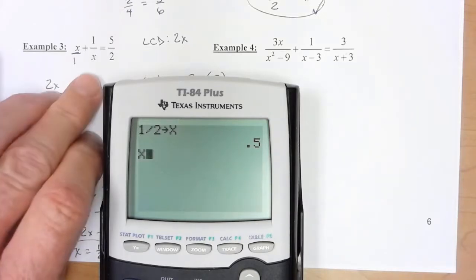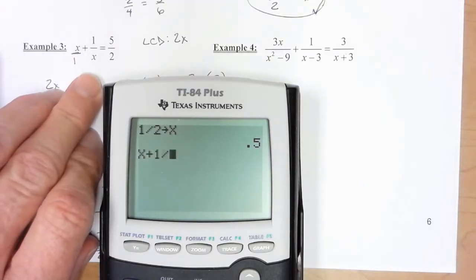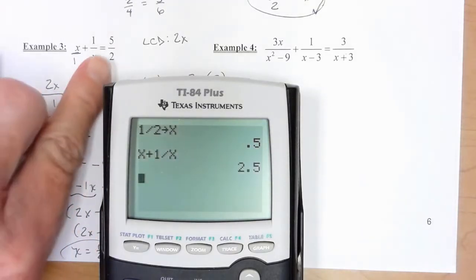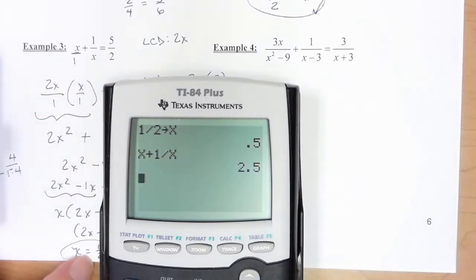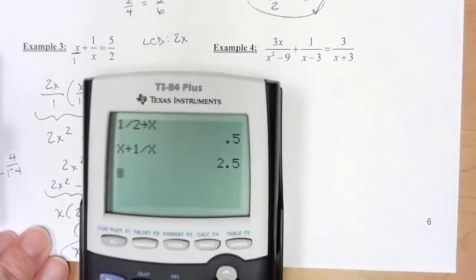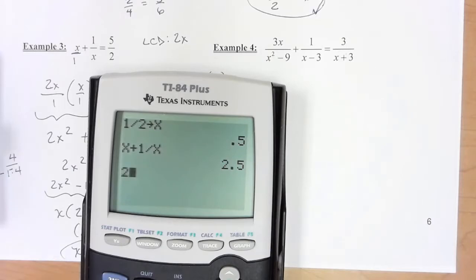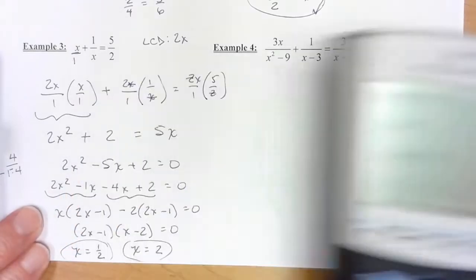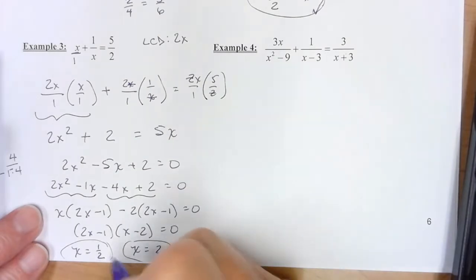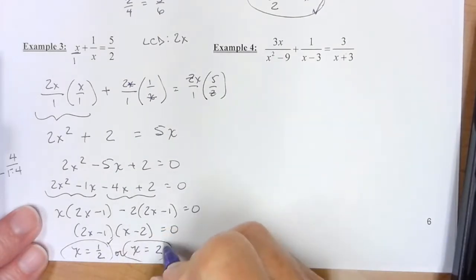So I've got x plus 1 divided by x. And 5/2 is 2.5, so that one works. My other is 2, so 2 store in for x. Do second enter to get back to that expression. And that's 2.5, so both of these work. So either that one or that one.